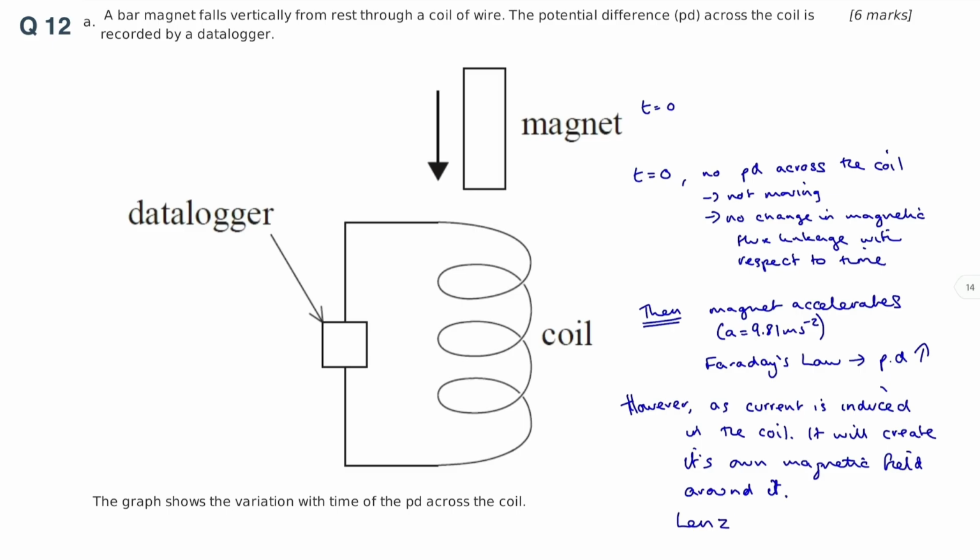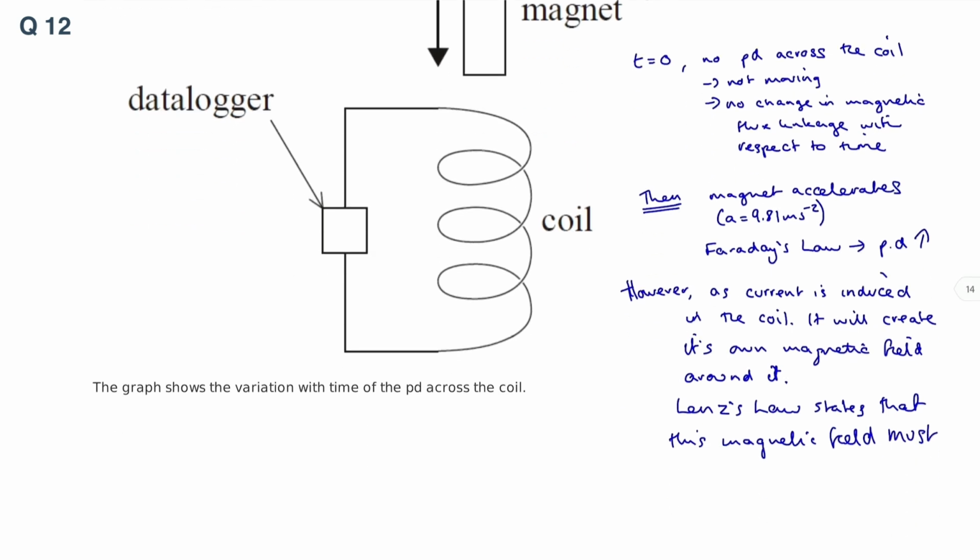Lenz's law states that this magnetic field must be in the opposite direction to the permanent magnet's field.